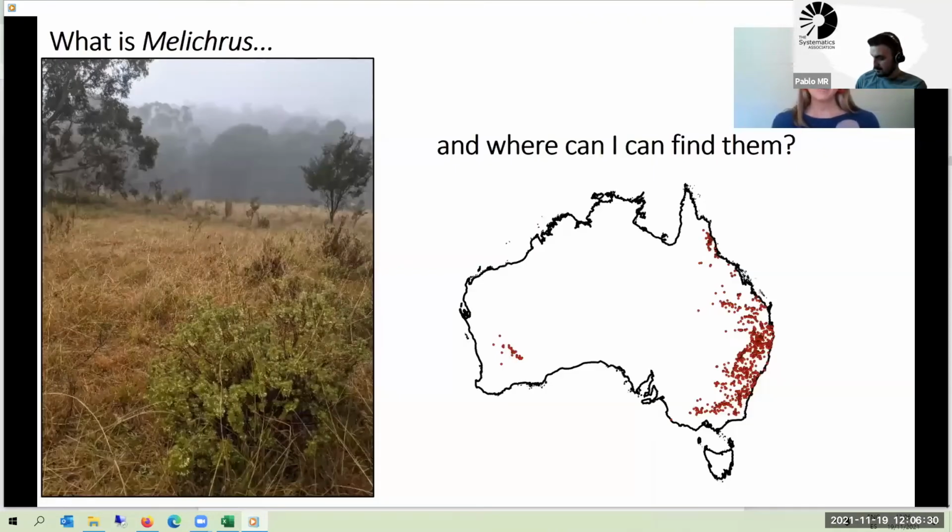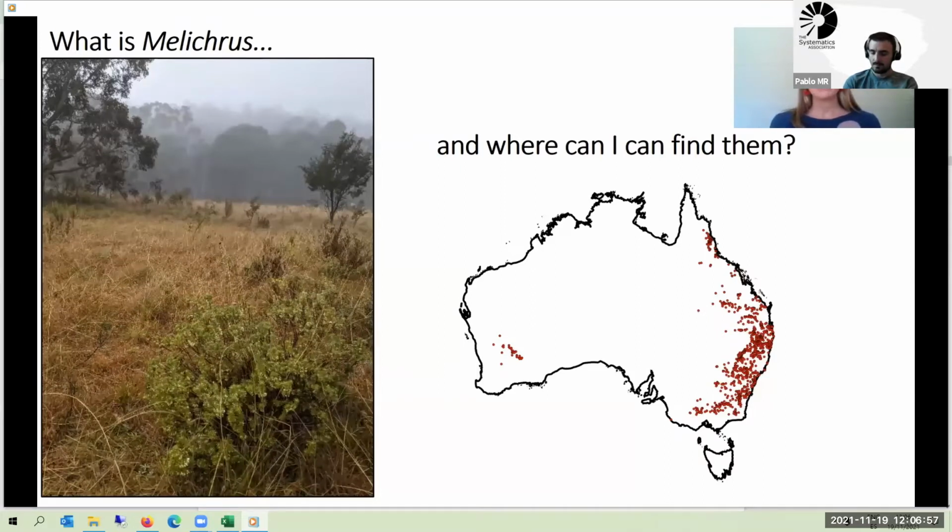Melichrus is in the family Ericaceae. Many of you might be more familiar with Northern Hemisphere heathers like Erica and Calluna, but Melichrus are in a different subfamily, the Epacroideae, for which Australia is a centre of diversity. Now, Melichrus have a widespread distribution in mainland Eastern Australia and a more constrained presence in arid Western Australia, as indicated in the map in red.